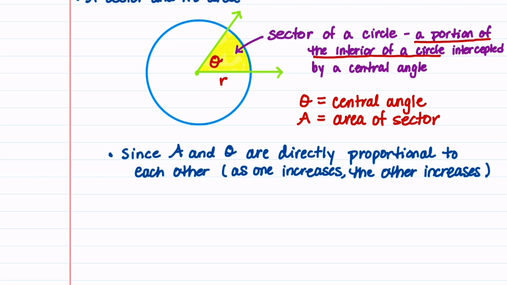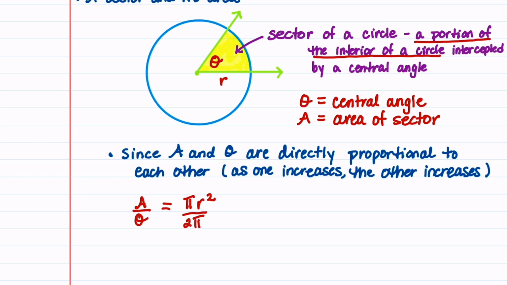When we have a direct proportional relationship between two variables, we can write A over theta, which means A is to theta as, which we'll indicate by our equal sign, the formula for the area of a circle, which is pi r squared, divided by theta, and theta for the entire area of a circle is going to be 2 pi.